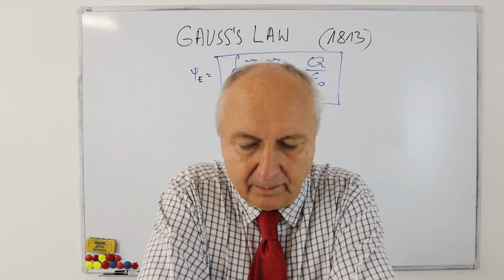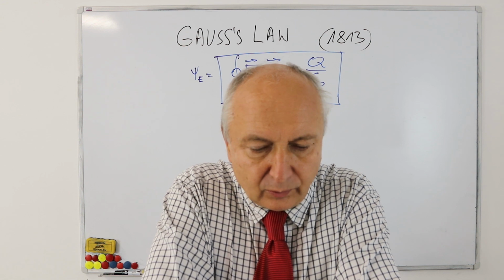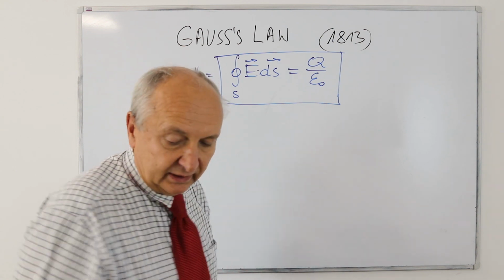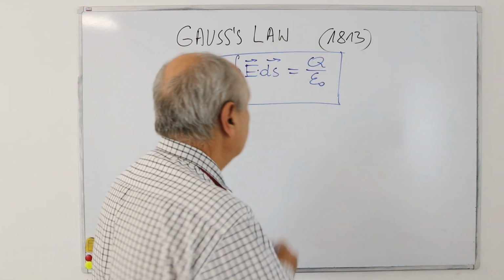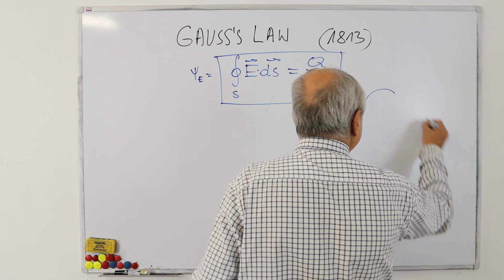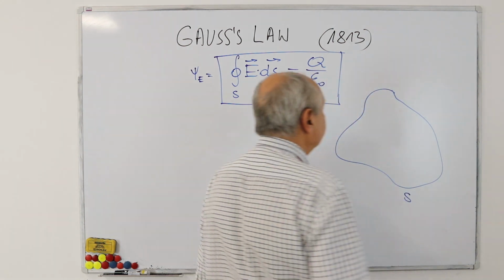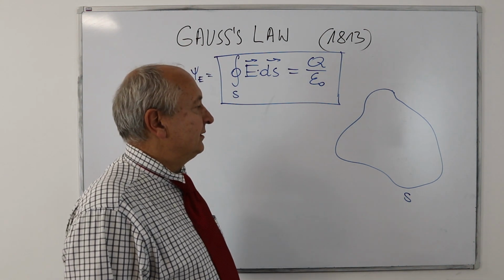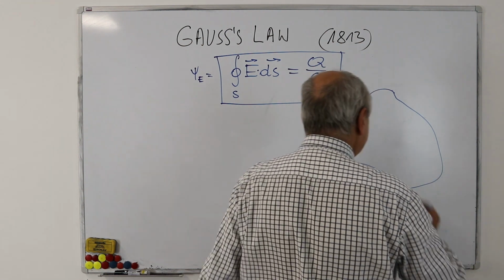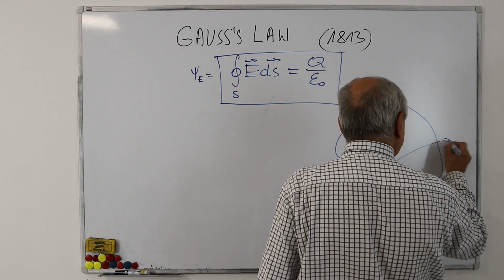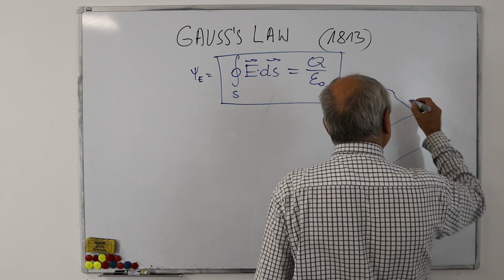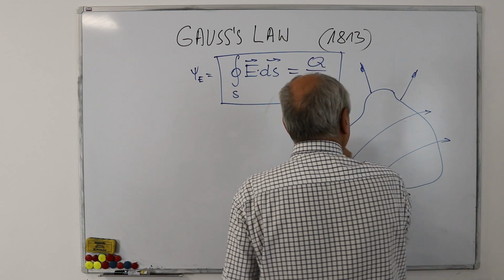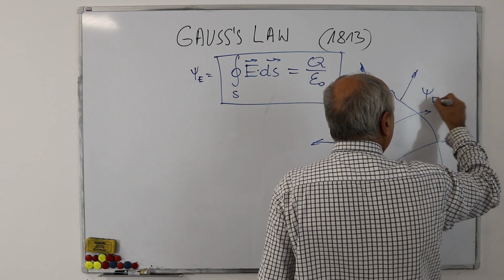And now I will give you the Gauss law. The net electric flux that passes through closed surface S, the total or net electric field that passes through this closed surface. For example, we can have such and as well such field.